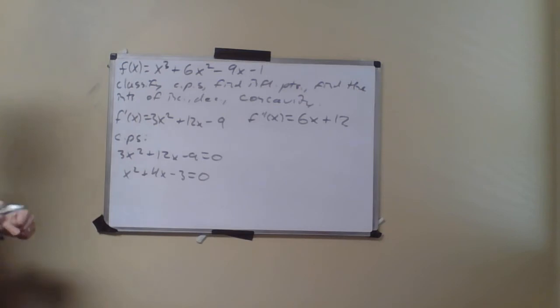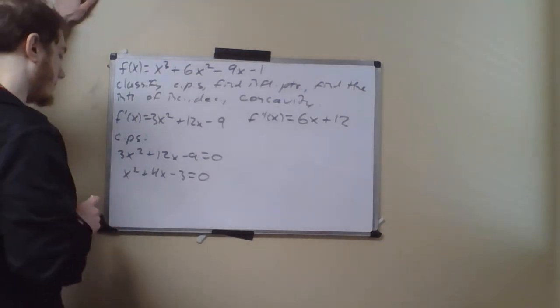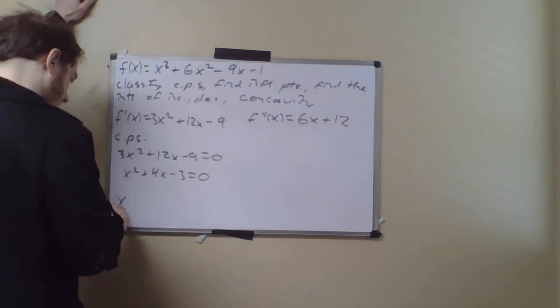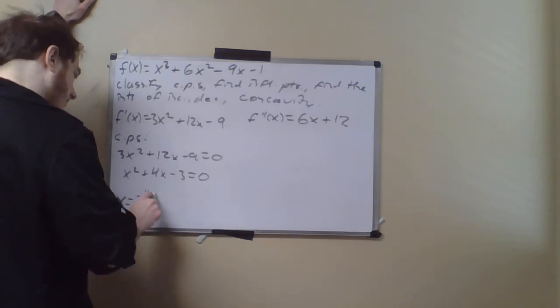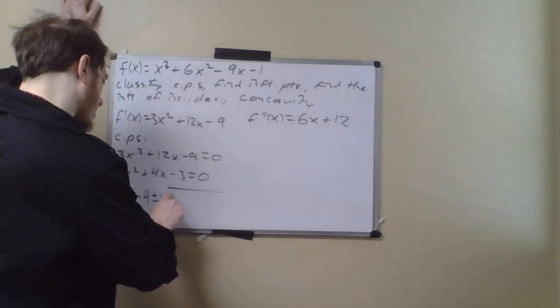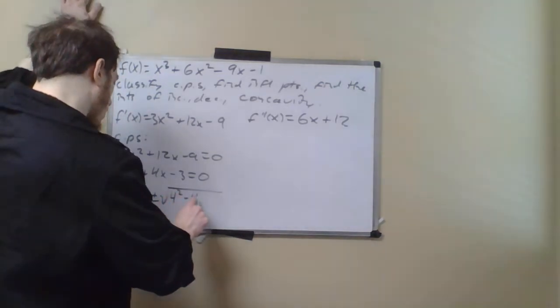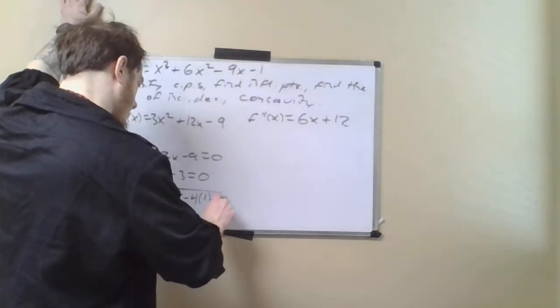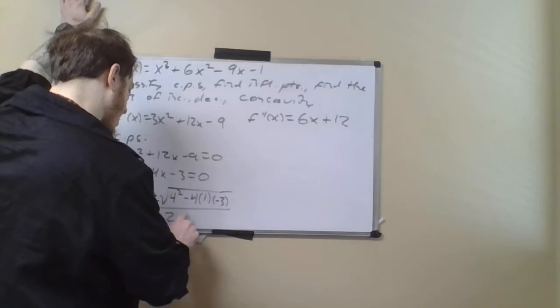So we're going to have to use the quadratic formula to figure this out. So we're going to have -4 plus or minus the square root of 4 squared minus 4 times 1 times -3, all divided by 2 times 1.